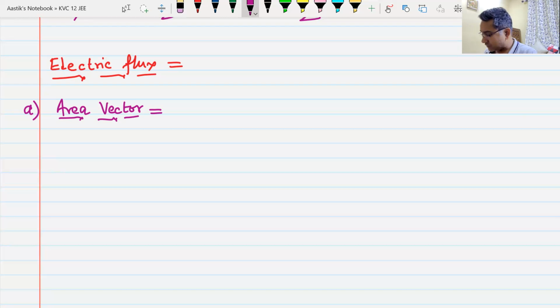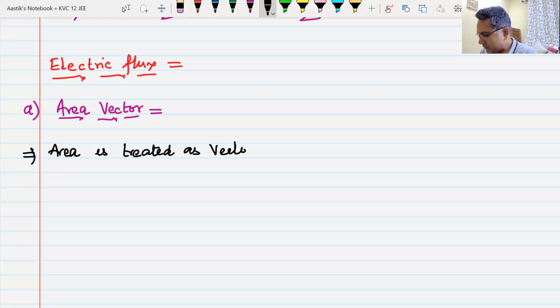Area in physics is treated as a vector, wherever we are going to treat area in physics. Now, as soon as you start to treat it as a vector, there are two things that you must be concerned about: one is the magnitude of area, and one is the direction of area.